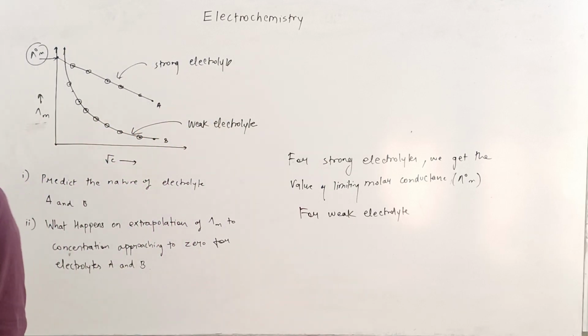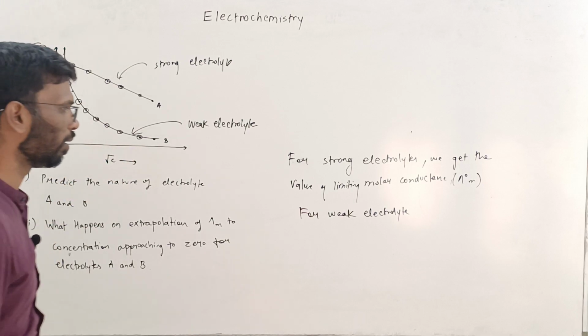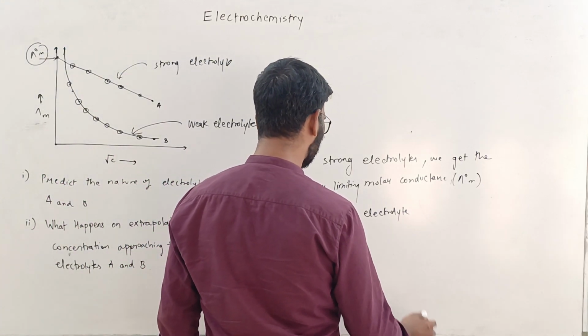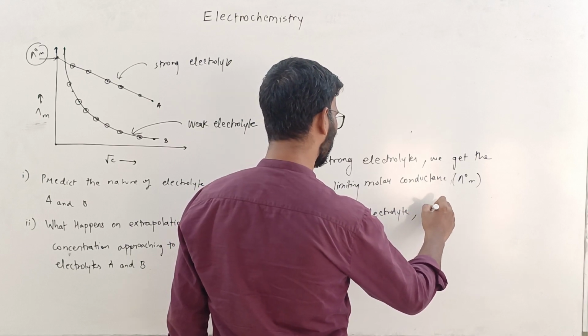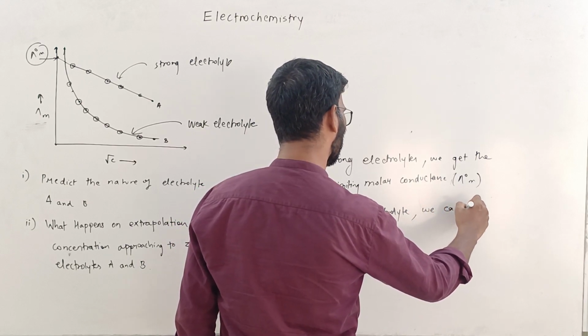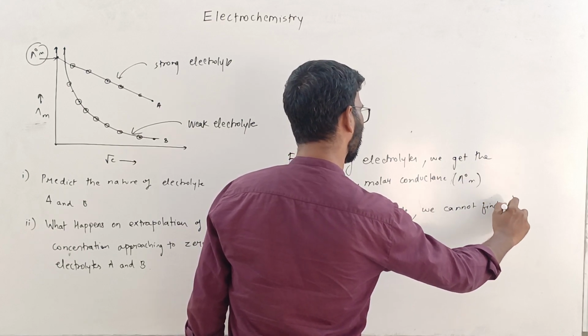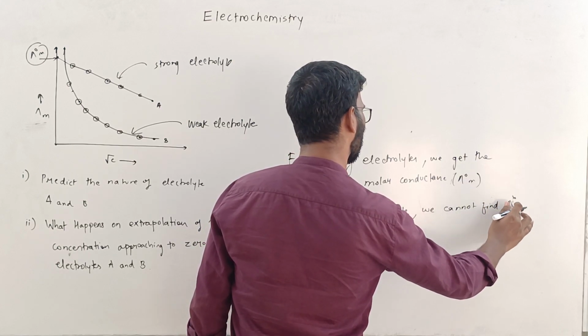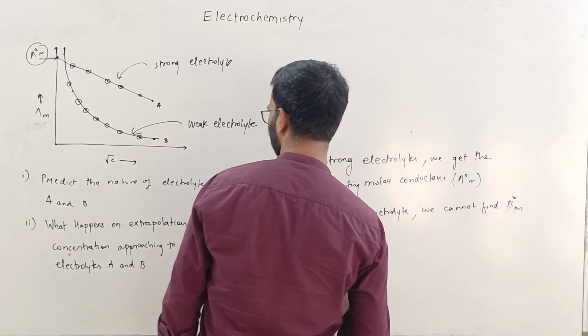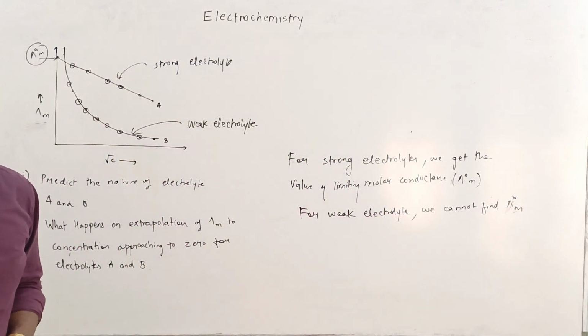It will run parallel to the y-axis, so we cannot find lambda naught m for this weak electrolyte graphically. For this we require the Kohlrausch law.